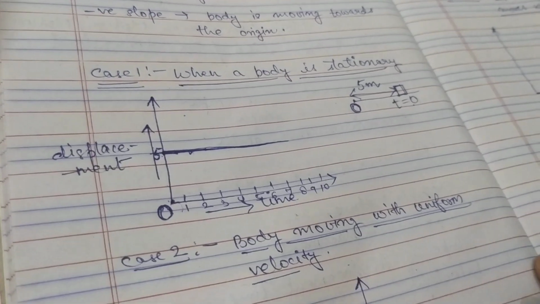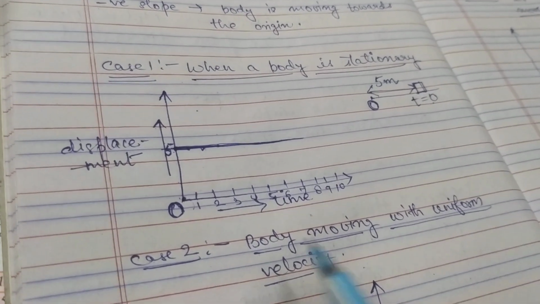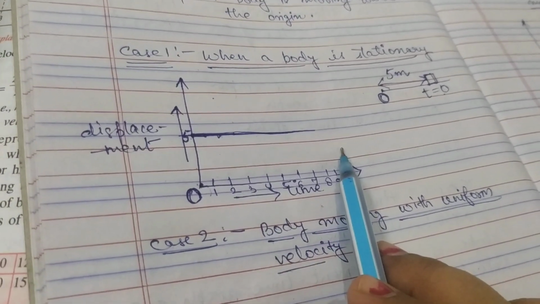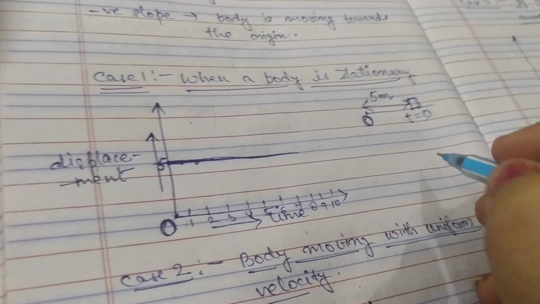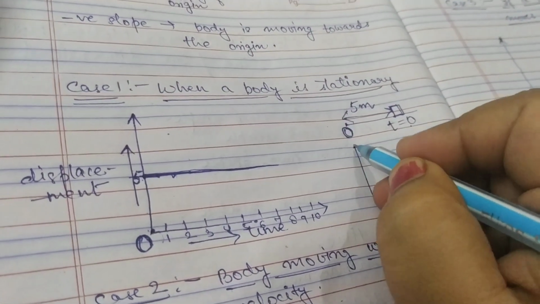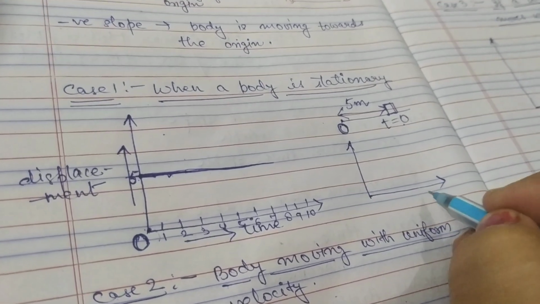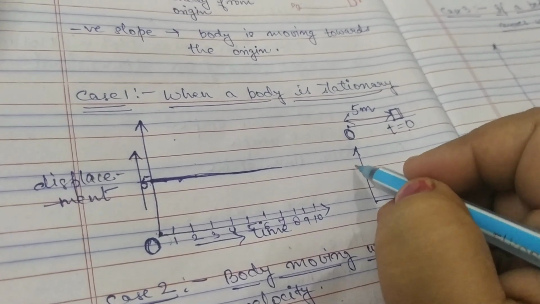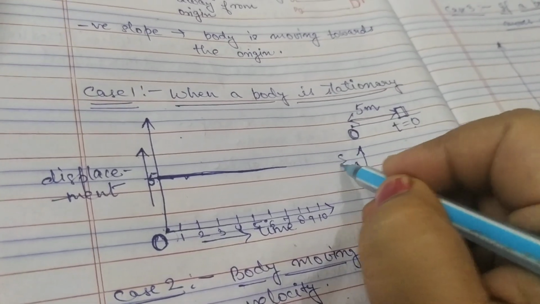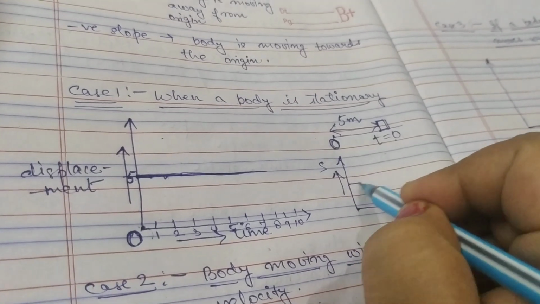So whenever a body is stationary, the displacement time graph will be a horizontal line, right? So wherever you see a horizontal line, all these things will not be marked. Suppose I say this is a displacement time graph. I say this is T. I denote it by S. Displacement is always denoted by S. Okay, and I draw it like this.